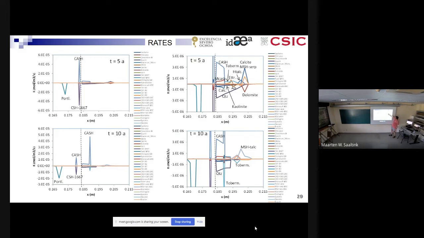And actually, maybe you can see that the MSH that had precipitated previously at earlier times, just a little bit closer to the interface, is now dissolving and causing the precipitation of another magnesium phase, this hydrotalcite. Why is this important?